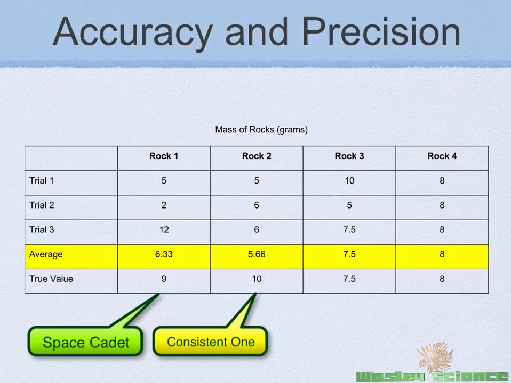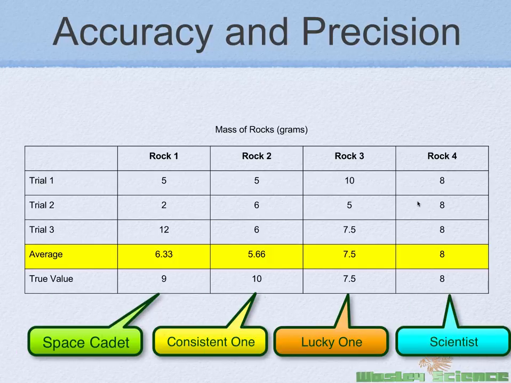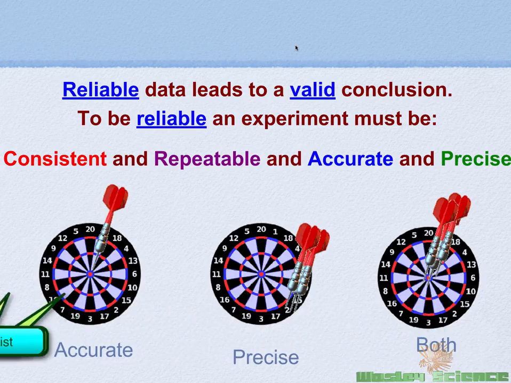And then we call the person that gets rock 3 the lucky one, because they somehow got the true value even though they were not doing the same thing each time. And then we call the people that get rock 4, well, that's a scientist, because that's where you want to be.